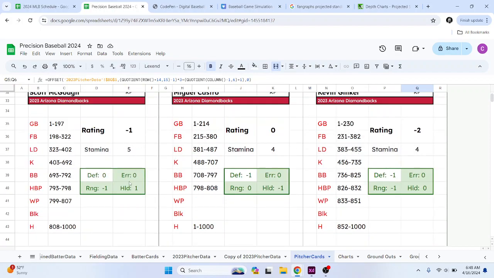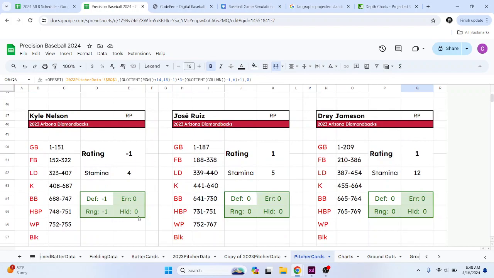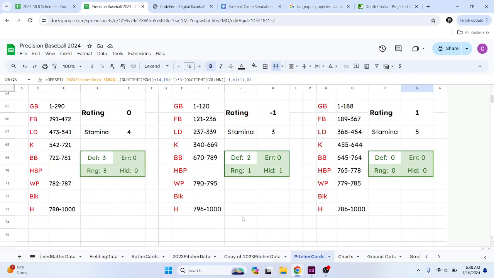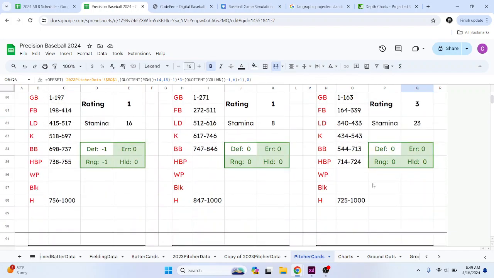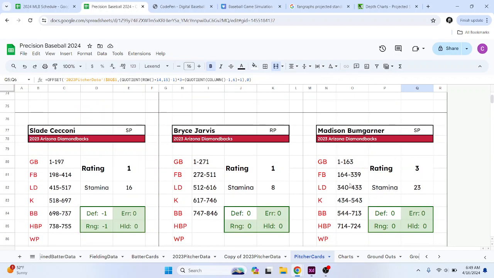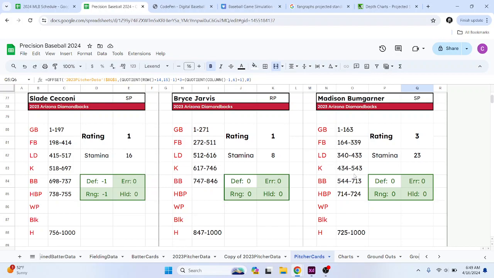Your negative rated pitchers are going to be your better pitchers. Your positive rated pitchers are not going to be very good, or at least not as good. This guy, Madison Bumgarner, was not good at whatever he was doing. And I'll show you what ratings we were using for those.